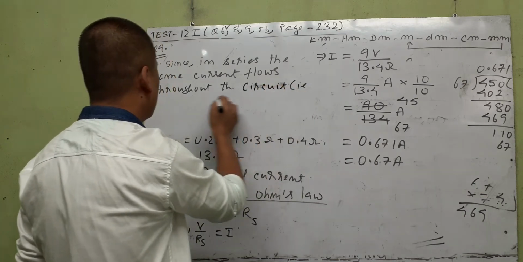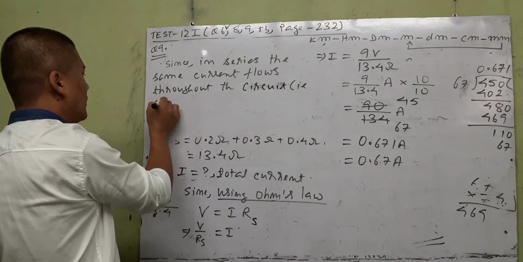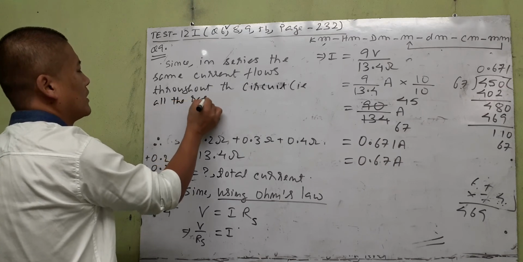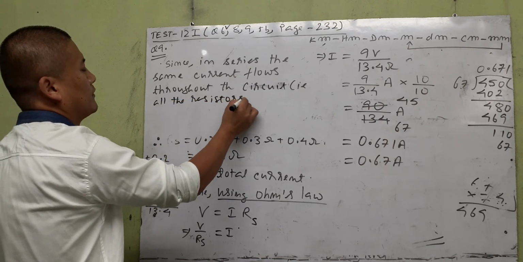In other words, the same current will flow through all the resistors if they are in series.